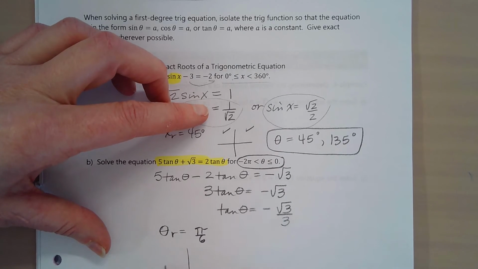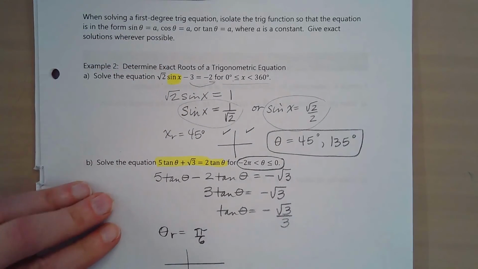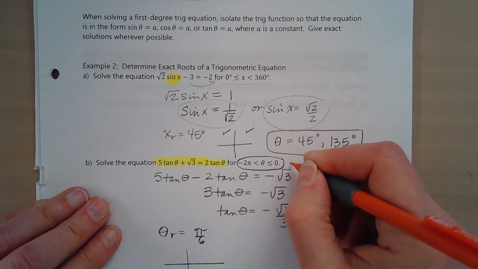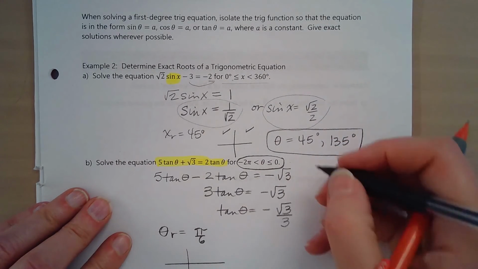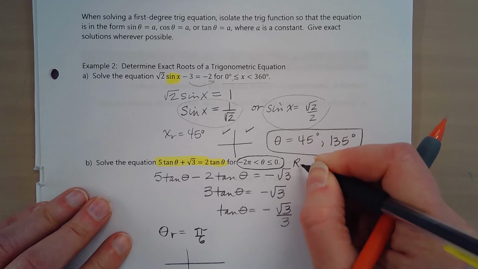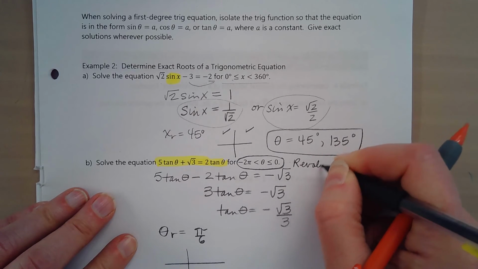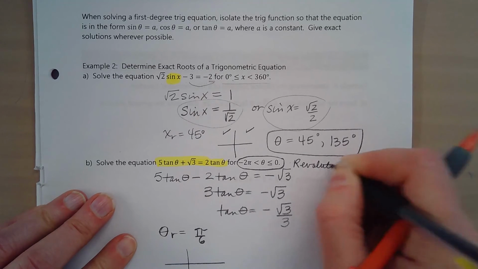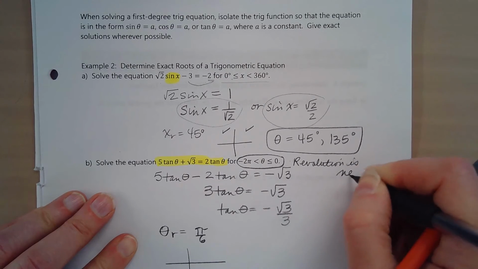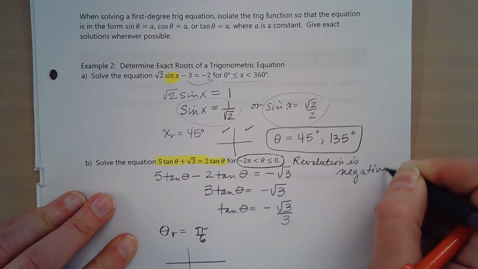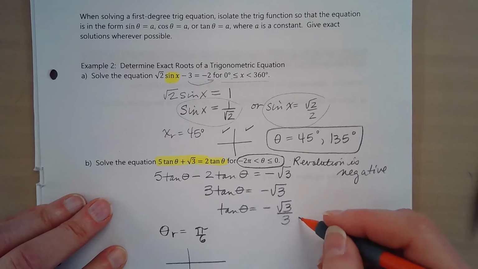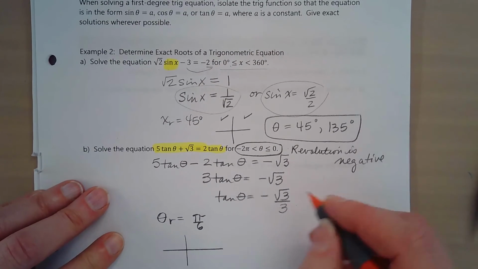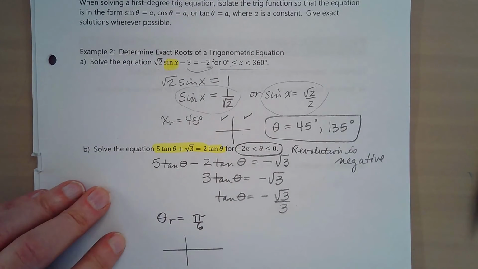Okay. Now, this is tricky. They gave me a negative revolution. This can be the hardest part, right? Looking at the revolution is negative. I first have to identify the quadrants where tan is negative, right? So I'm going to do that as well.